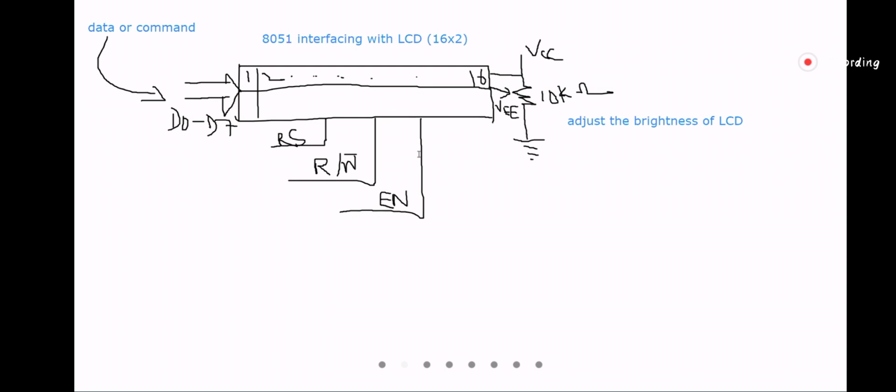let's see these registers. What are these registers? We have two kinds of registers in LCD. First one is the command register.